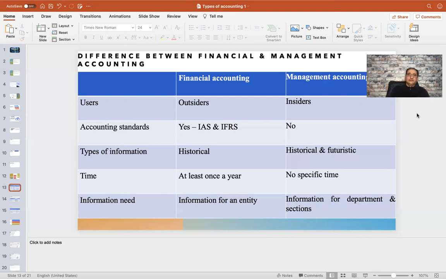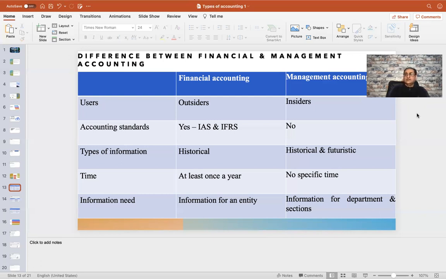The next is time. Financial accounting reports are prepared once a year, after the completion of the accounting year. Some organizations prepare interim financial statements as well, but it is their own choice.